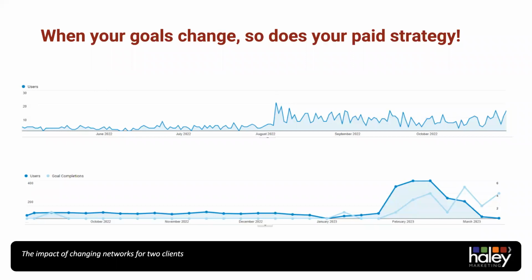Now, while this wasn't a conversion focused campaign, you can see those conversions with the lighter blue line really also started to pick up, and that was a nice bonus. So we're actively reaching those candidates who are going to look for jobs in Google. So as your needs change, so should your strategy. It's not always a network change, but that can be the right answer.